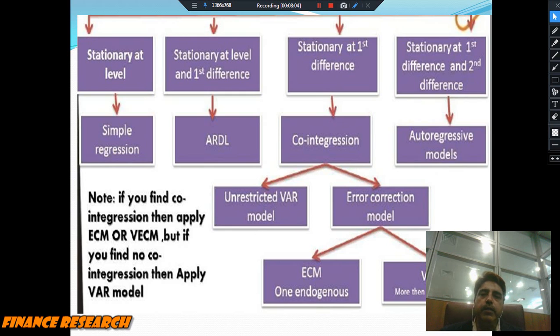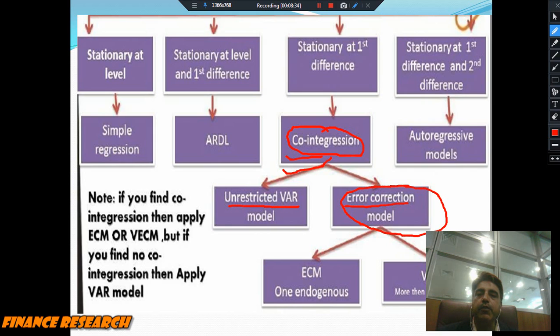I have also mentioned that if co-integration exists, you go for the unrestricted VAR model or the error correction model to check the relationship amongst the variables.